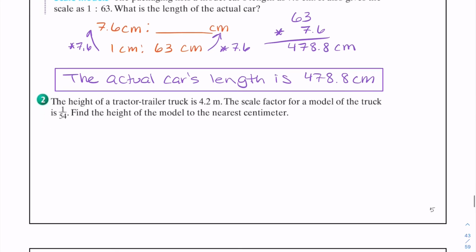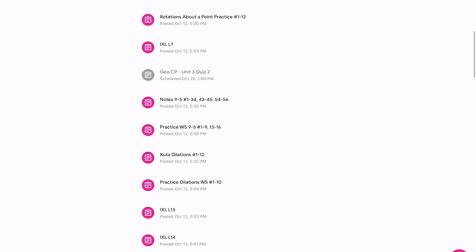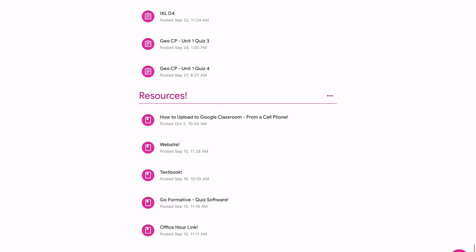The height of a tractor trailer truck is 4.2. Is that what they did? Hold on one sec. Let's see if 478.8, that just seems unrealistic. Half a meter. Let's see what the textbook says.